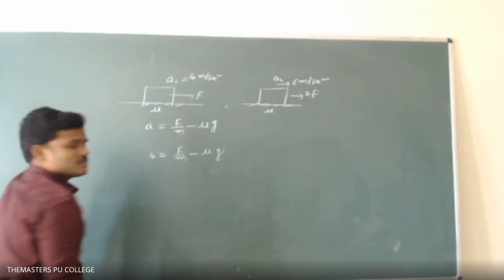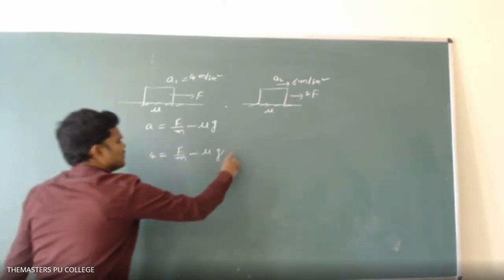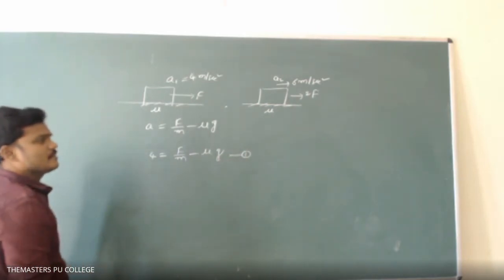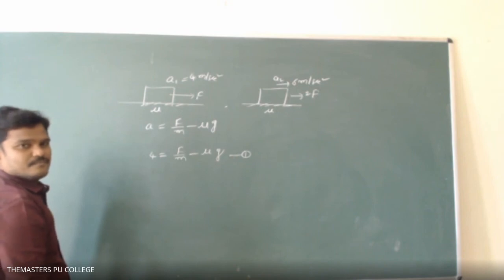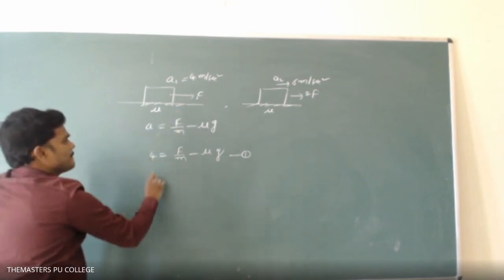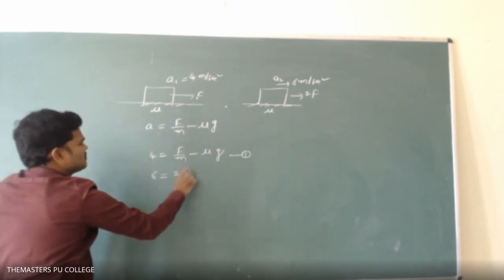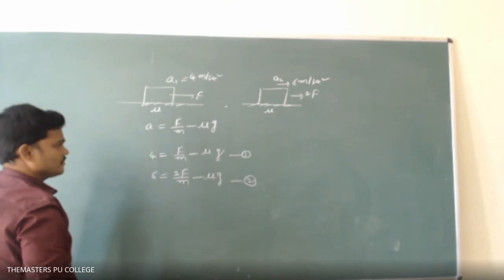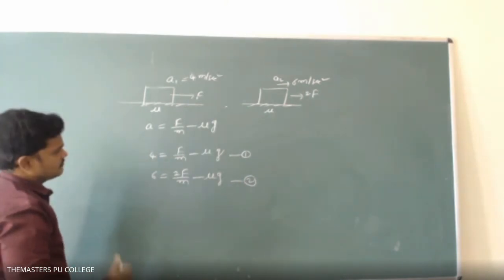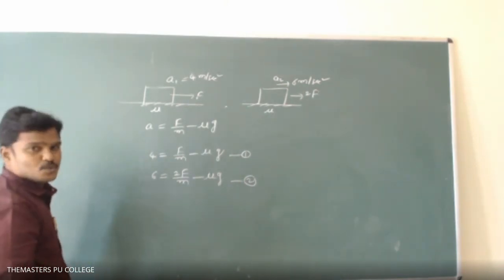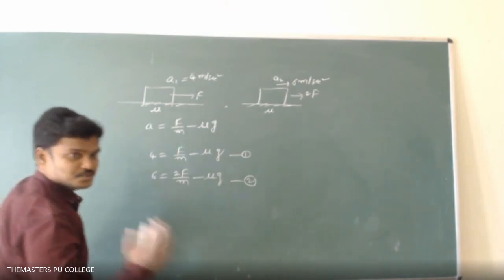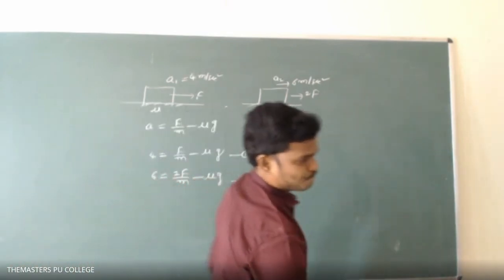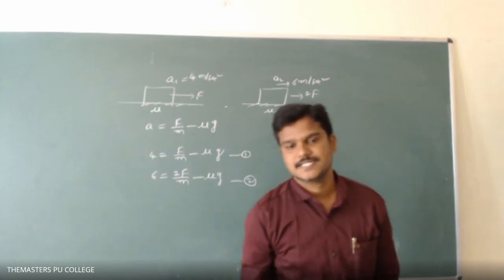This is equation number 1. And the second one: 6 is equal to 2F by m minus mu g. Solve these two equations so that F will be cancelled out and you will get mu. They are asking to find mu only.